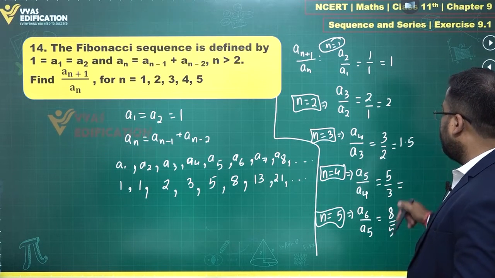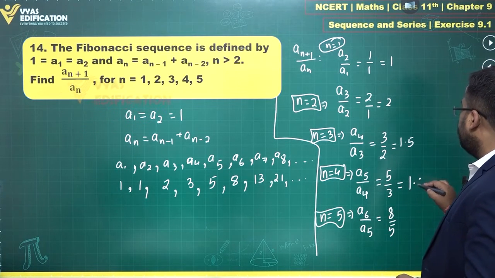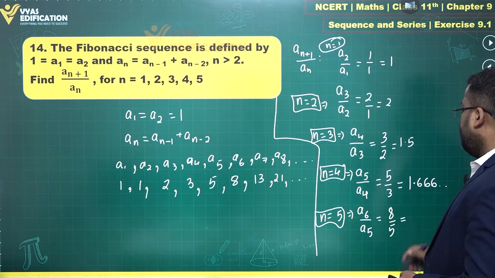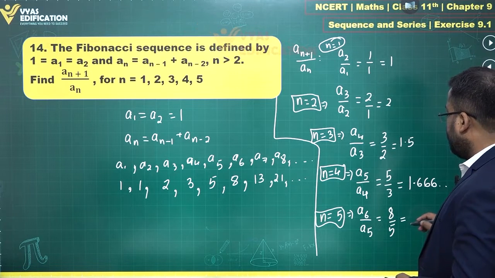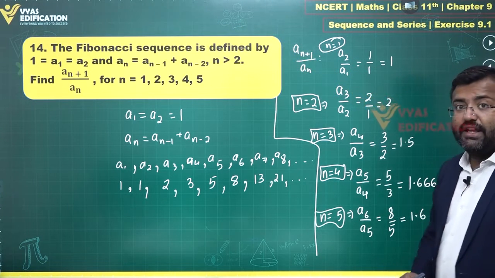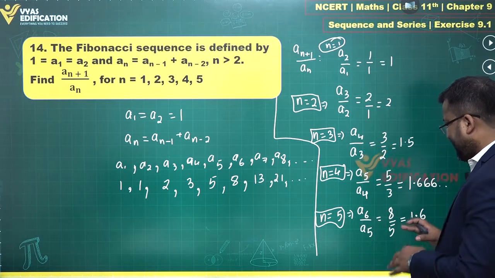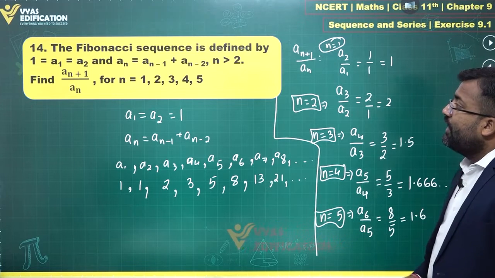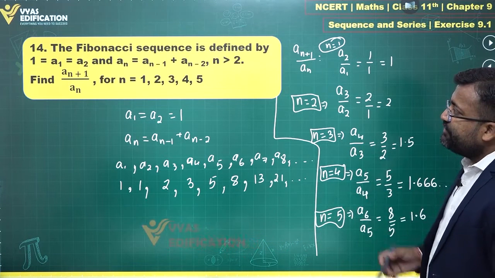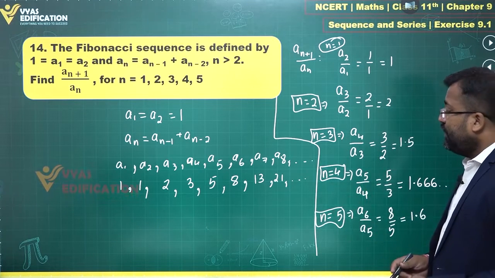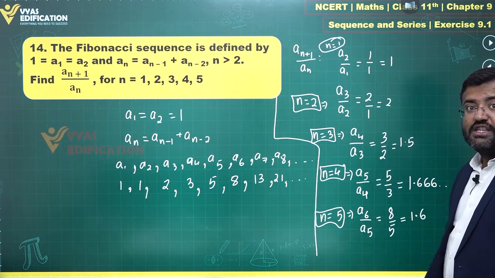By the way, 5 by 3 is 1.666 and so on, and 8 upon 5 is 1.6. This is what you are getting. Can you take a look at this particular value? For n equal to 5, you have A6 upon A5, which is equal to 1.6. These are the values of An plus 1 upon An for n equals 1, 2, 3, 4 and 5, as you can see over here.